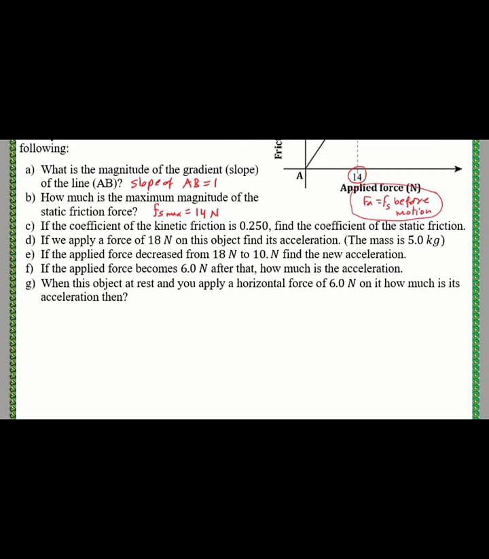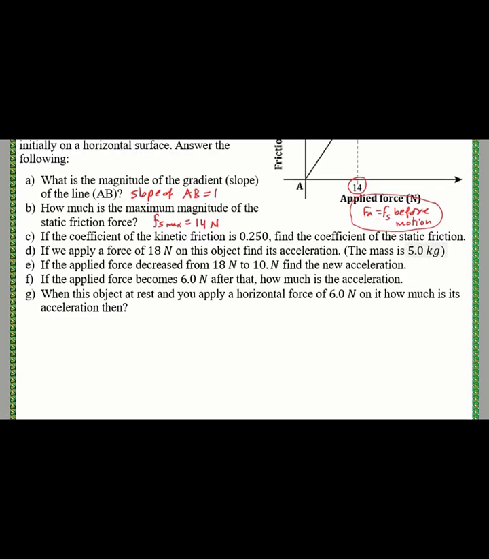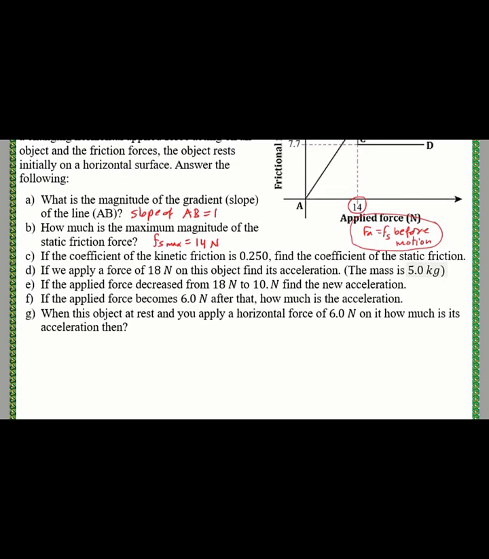If the coefficient of kinetic friction is 0.25, find the coefficient of static friction. Now, the coefficient of kinetic friction is 0.25. How can we get from it the coefficient of static friction? We know that Fs maximum equals mu s times the normal force, and Fk equals mu k times the normal force.